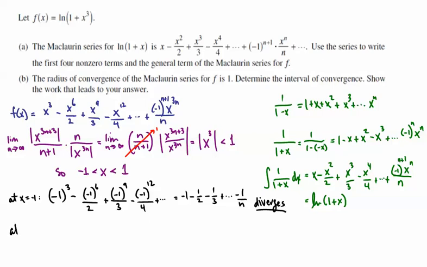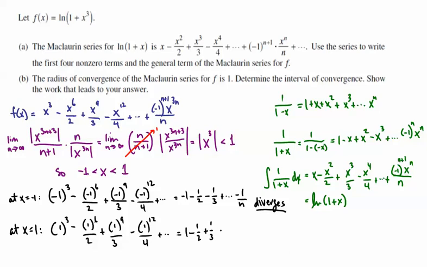Alright, let's test at x equals 1. At x equals 1, we get 1 to the third minus 1 to the 6th over 2 plus 1 to the 9th over 3 minus 1 to the 12th over 4, and you may see that this is becoming the convergent alternating series.